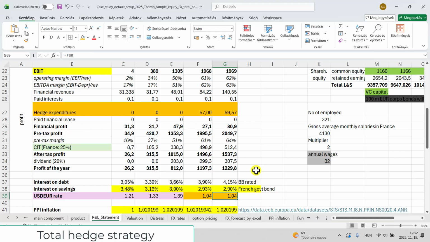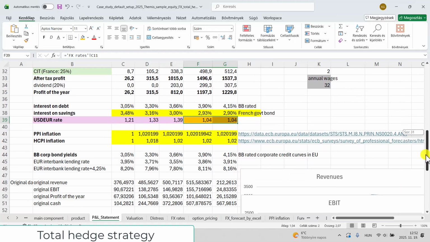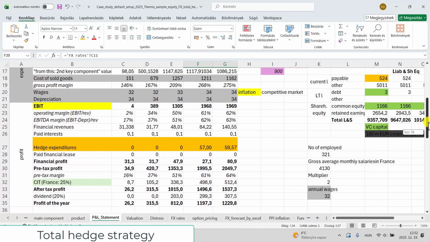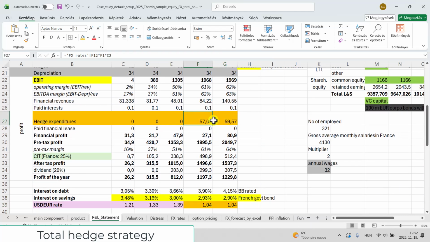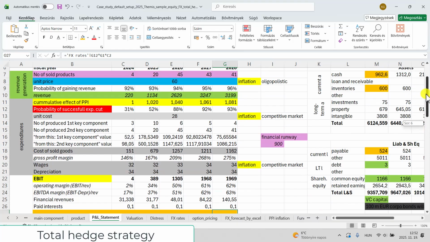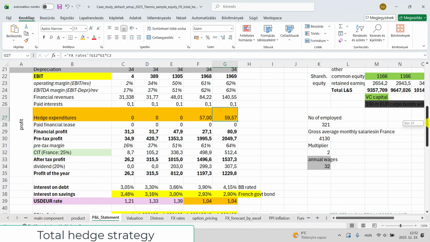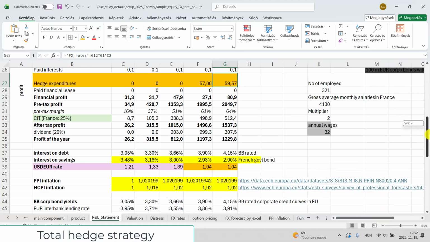And now we can see it doesn't matter what happens, whether the US dollar or the euro is strong or weak, we have this exchange rate for the next 5 years ahead, or at least in the 4th year and the 5th year, and then we will be using this happily at this cost. So obviously this affects our balance sheet and our profitability.